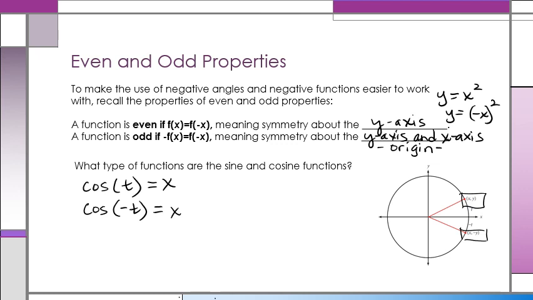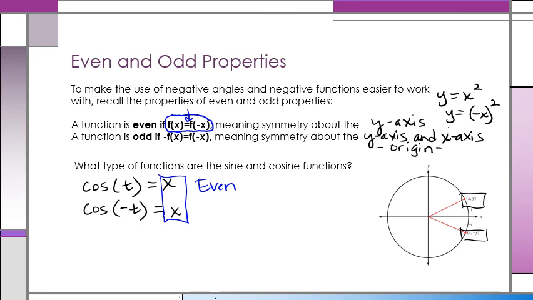Well, I think it's the even function, because notice that the only thing that changed in the even function was the input. We started with x, and we had that equal negative x, so the inputs were exactly the opposite, but the fact that they remained equal told me that this output had to be the same. So the cosine is an even function.